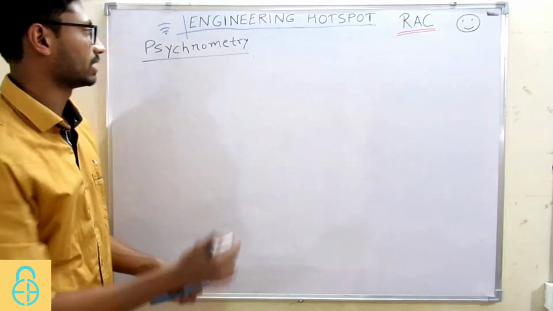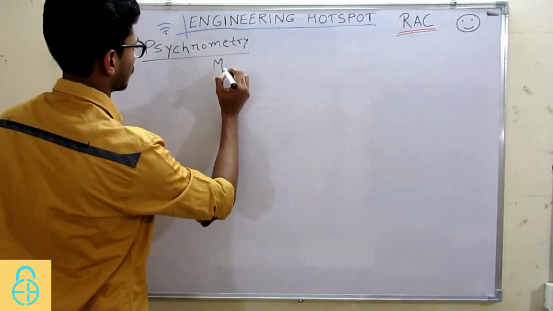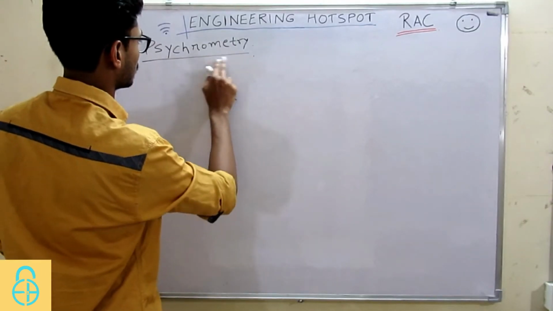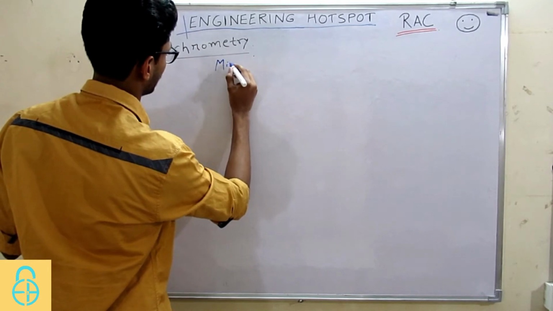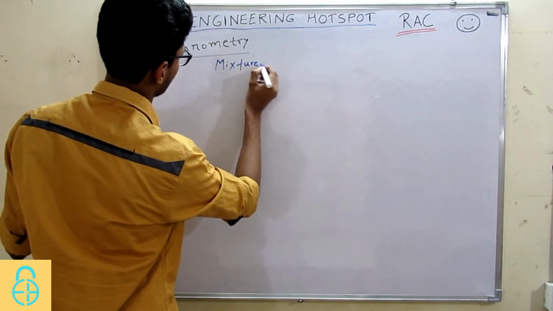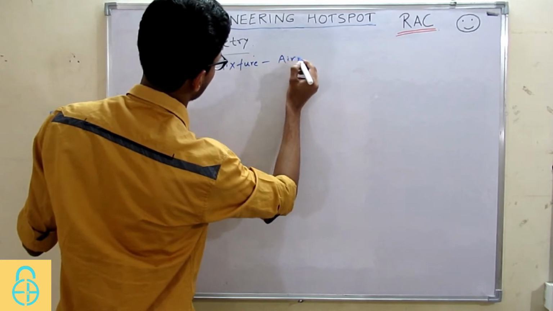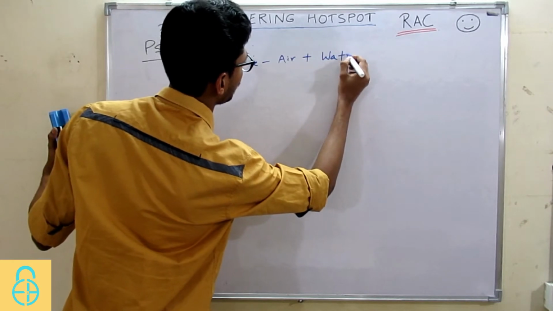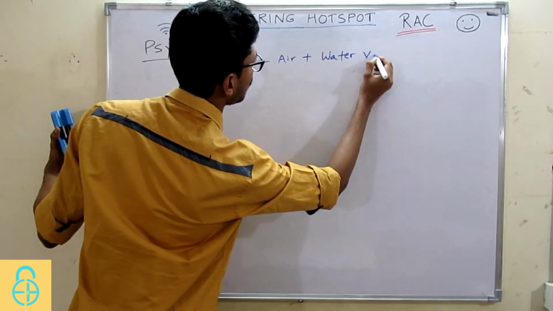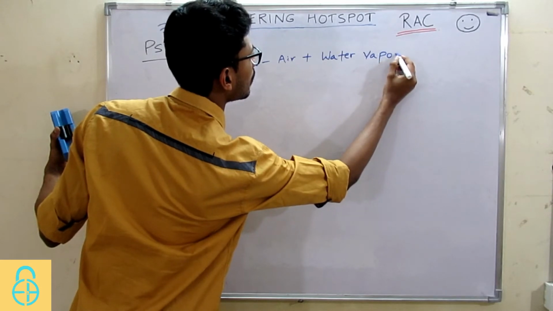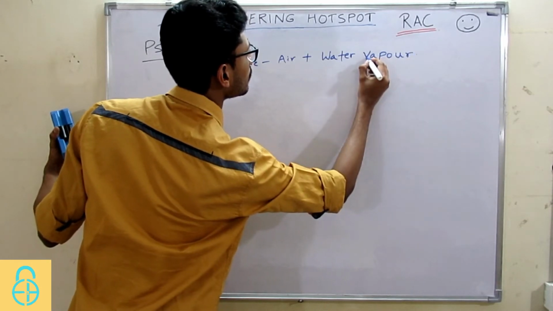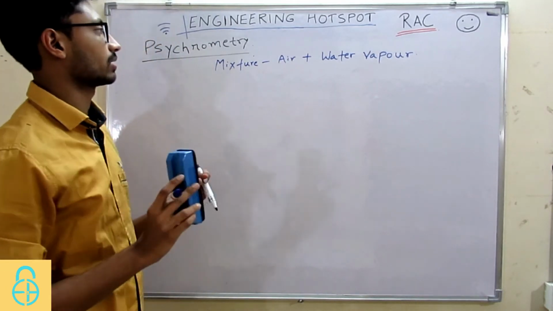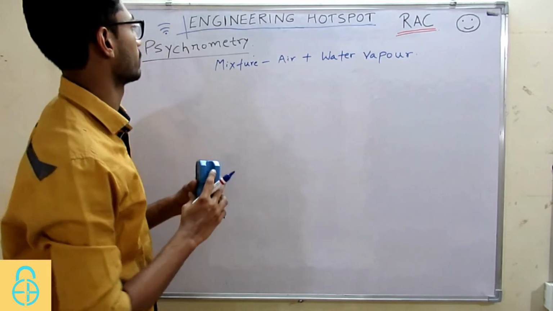What is the mixture? The mixture is of air and water vapor. The study of the properties of this mixture is called psychrometry.